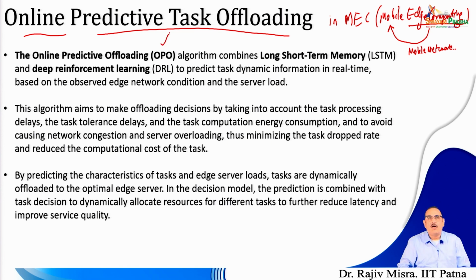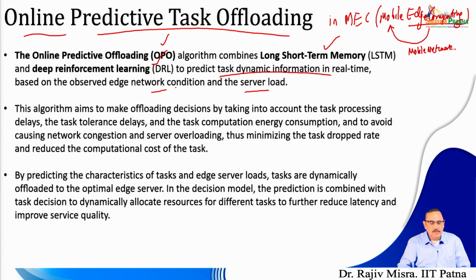Online predictive offloading algorithm combines long short term memory, LSTM, and deep reinforcement learning, that is DRL, to predict the task dynamic information in real time, based on the observed edge network conditions and the server load.